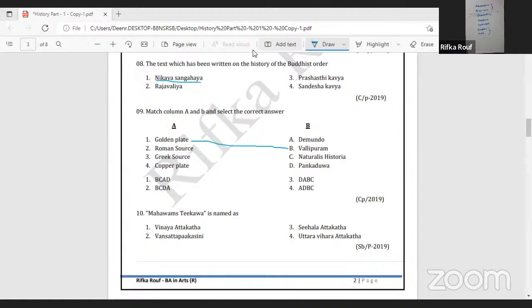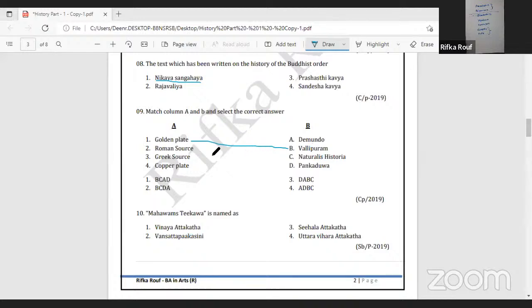No, not Vijayabahu. Now I told you Vijayabahu Panakaduwa. Yes, Umaira, you are correct. Yes, Hamna, you are correct. Yes, Shahida, you are correct. The answer is King Vasabha. So the Vallipuram golden plate belongs to King Vasabha.